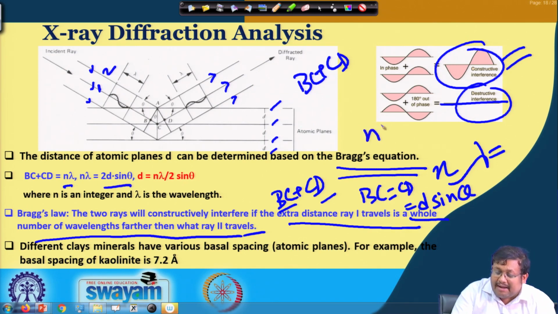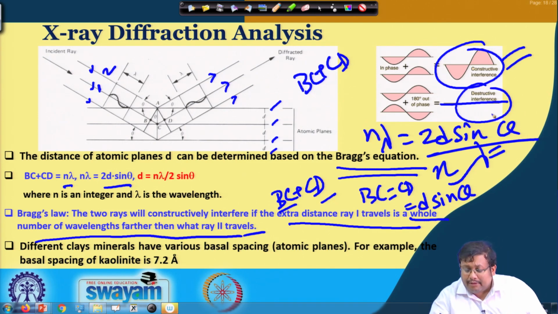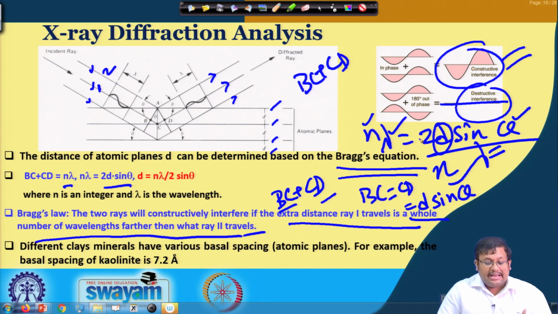So, n lambda equals 2d sin theta. This is called Bragg's equation, and based on it, if we know theta, n, and lambda, we can calculate this d-axis spacing, and from this d-axis spacing we can identify which clay mineral it is.